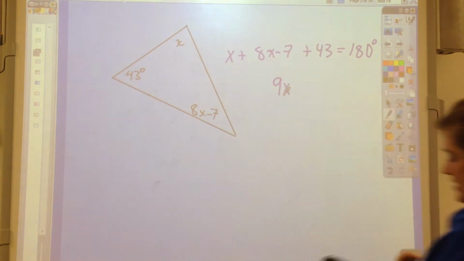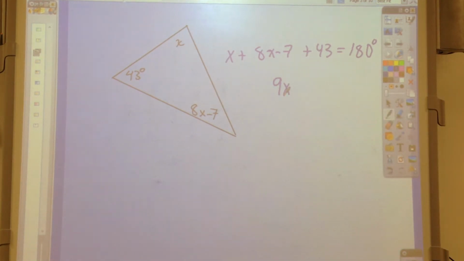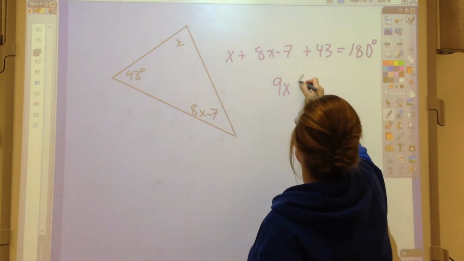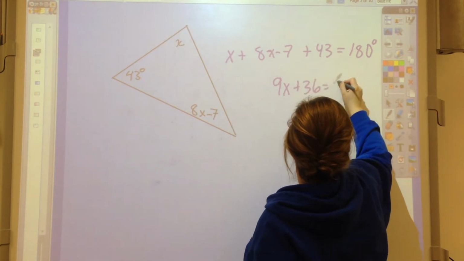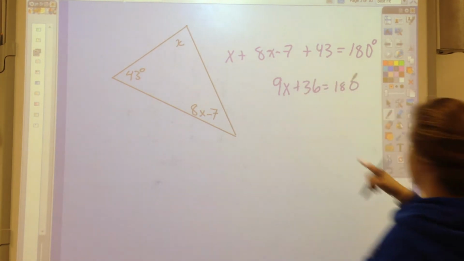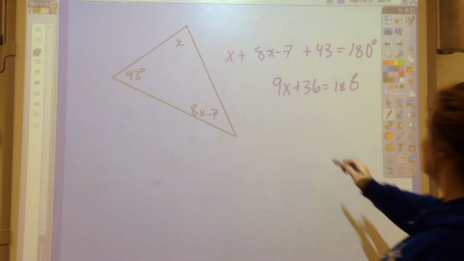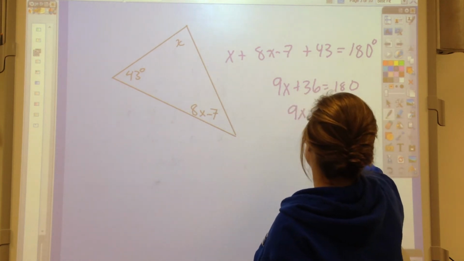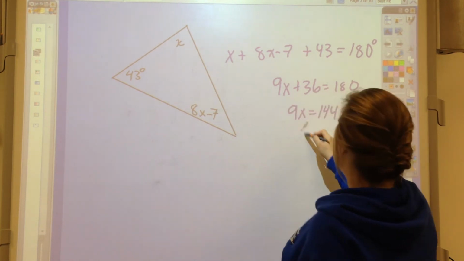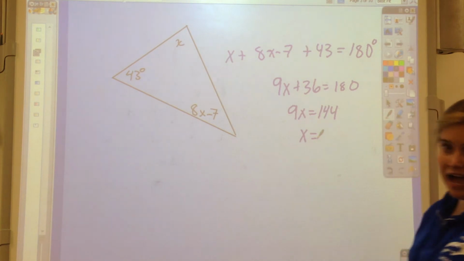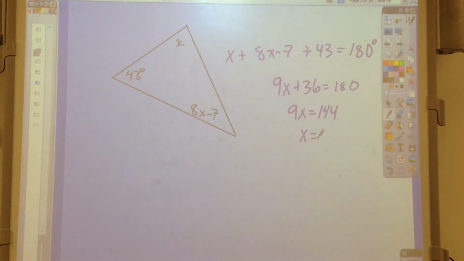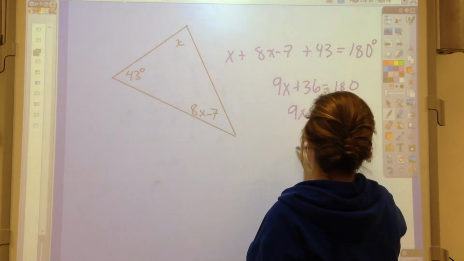X plus 8x is 9x, and 43 minus 7 gives me 36. Now I'm going to subtract 36 on both sides. What is 180 minus 36? Hopefully you'll agree with me that it's 144. And my last step is to divide by 9 and solve for x. And I get x equal to 16.